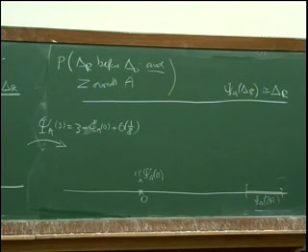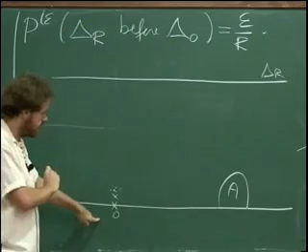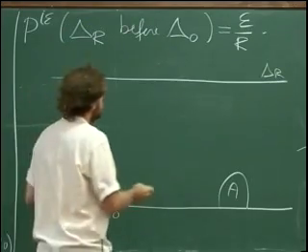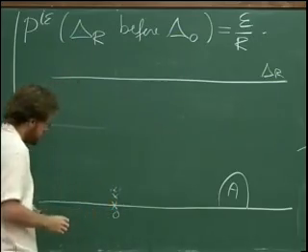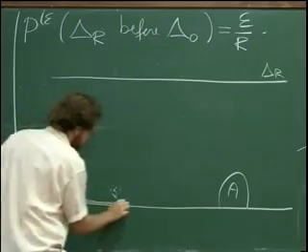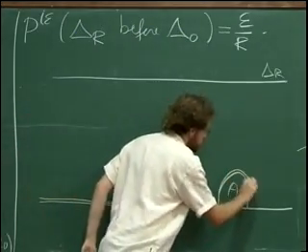Okay, and then the event that you touch this before this and you avoid A is exactly the event that you touch delta r before you touch either r or A. So it just means that you touch delta r before you touch the yellow stuff here.